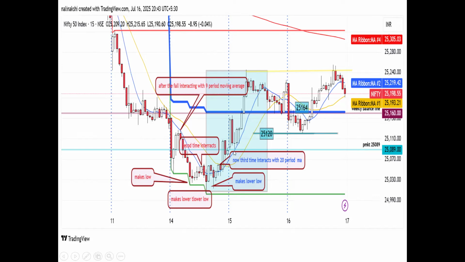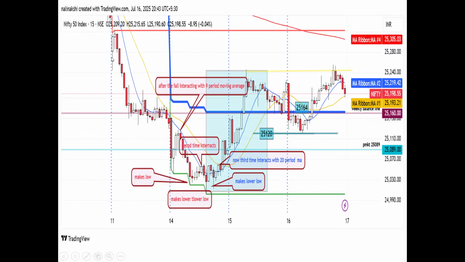It did not interact with the 20-period moving average. That means strength is there. The market is moving higher. After the two initial interactions with the 9-period moving average, there was strong momentum, and the market took off and made a high.